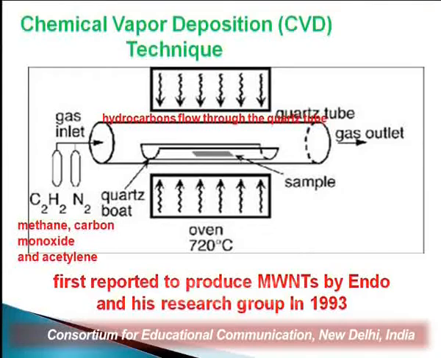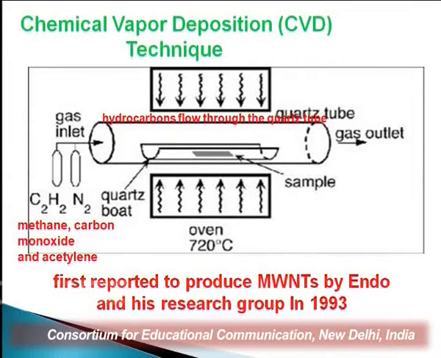This is the schematic diagram of the chemical vapor deposition technique, where we use a tube in which we have the quartz boat, and the sample is put inside the quartz boat. On the left hand side is a gas inlet where we pass methane, carbon monoxide and acetylene gas inside the tube, and this tube is heated in the oven at a temperature of 720 degrees centigrade.